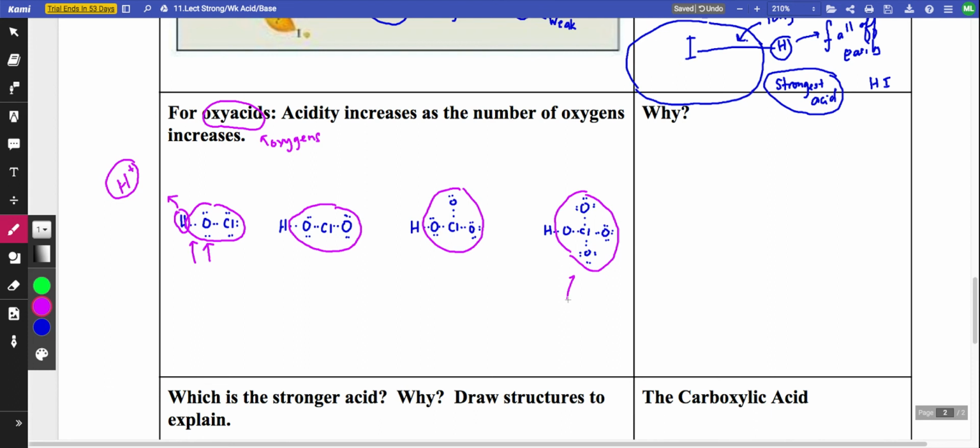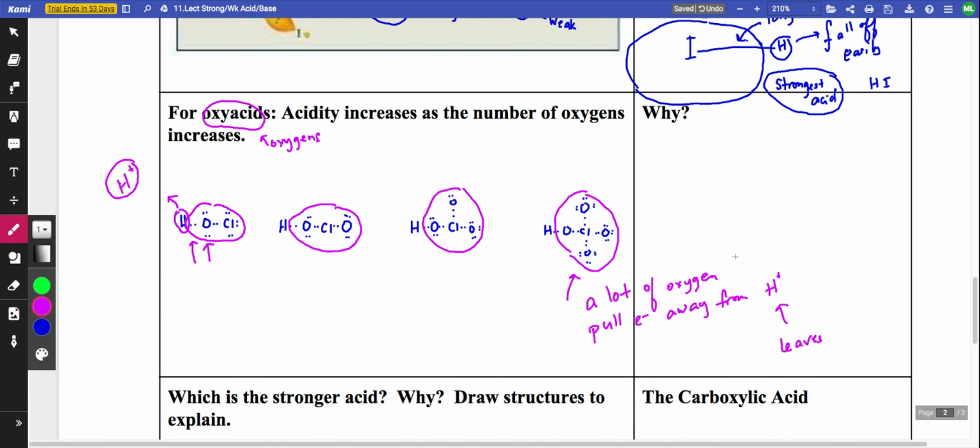This one has the most oxygens, a lot of oxygen. And what that will do is it will pull electron density away from the H, causing it to leave. So the H+ leaves.